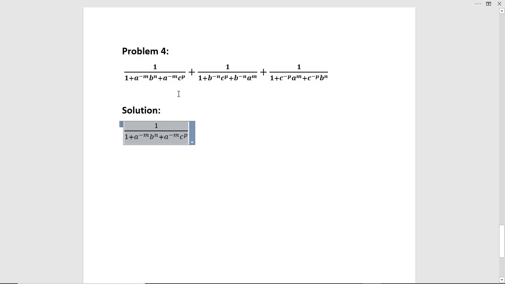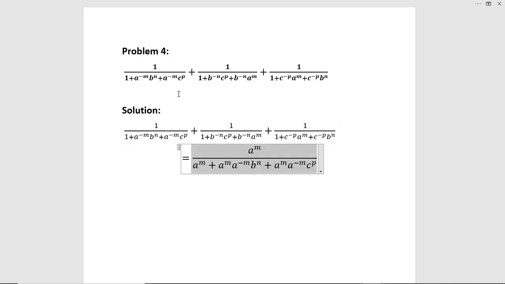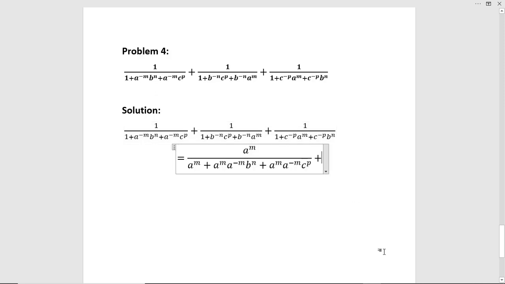So we'll write the expression first, then we'll multiply a to the power m with both the numerator and denominator of the first fraction, and in the second fraction we will multiply b to the power n with denominator and numerator, and in the third fraction we will multiply c to the power p with denominator and numerator. So we'll get it like this.